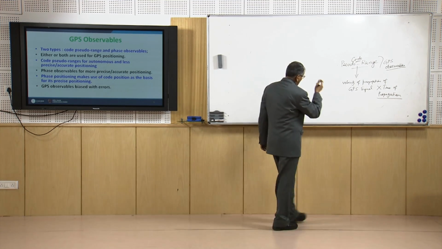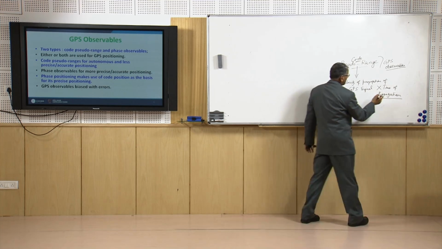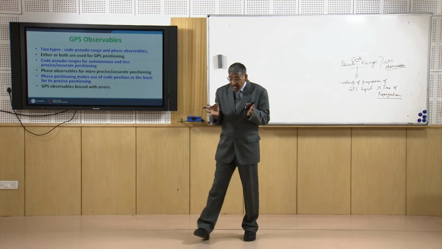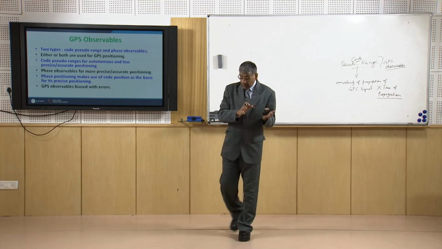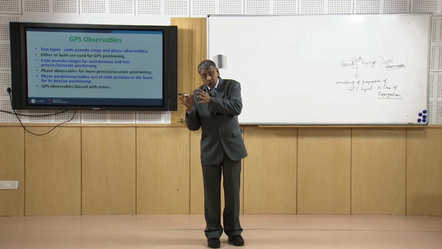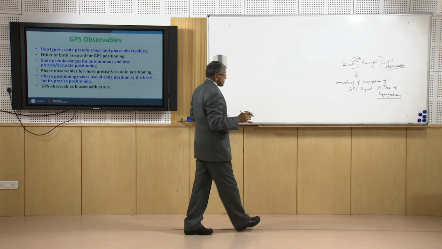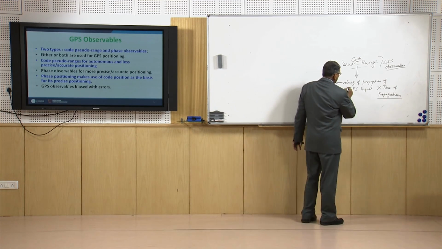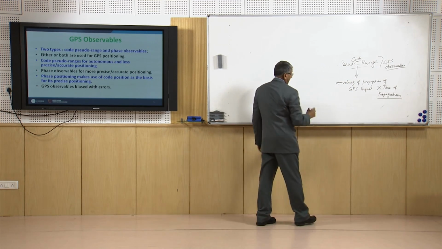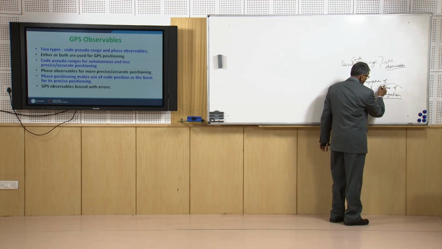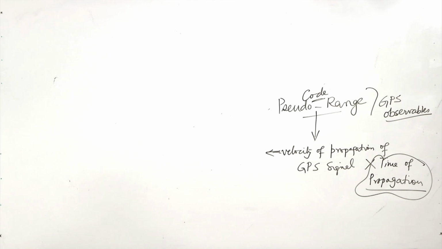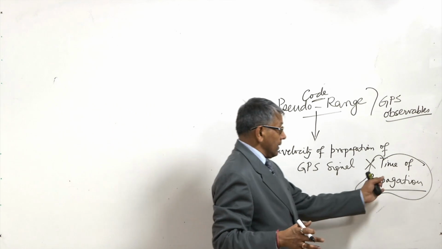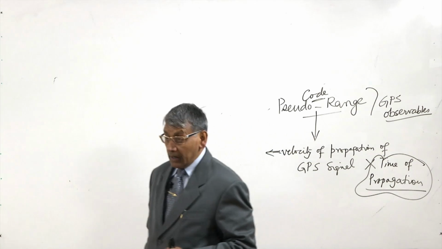Now, as I had already told you, there is a large synchronization error between the GPS clock and the quartz clock in the receiver. So there is a systematic time error in the time of propagation.